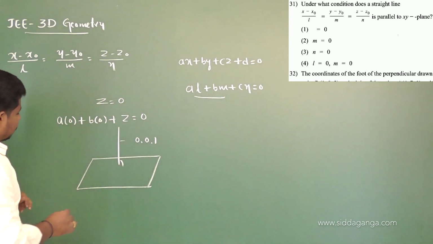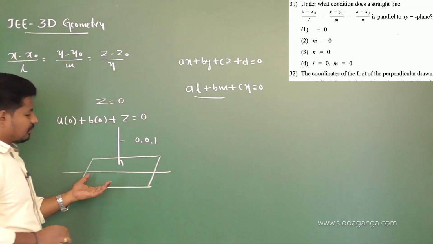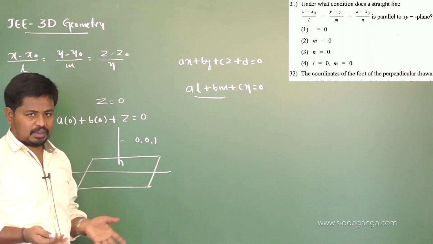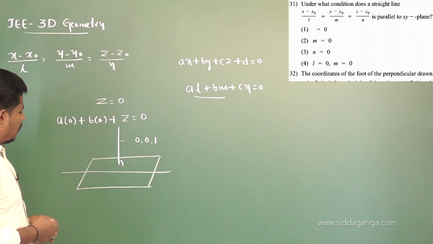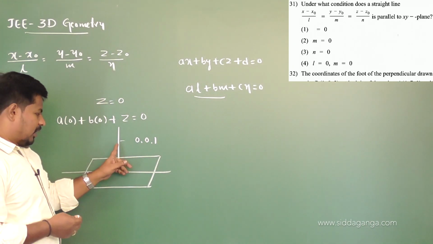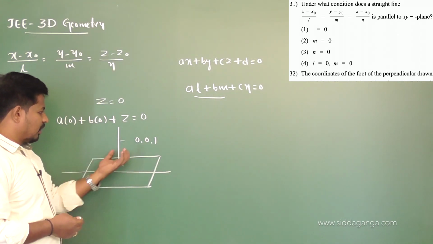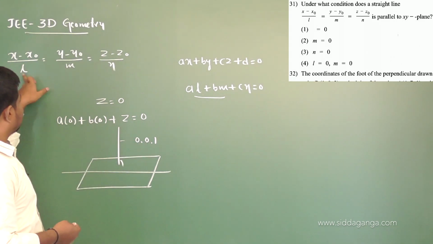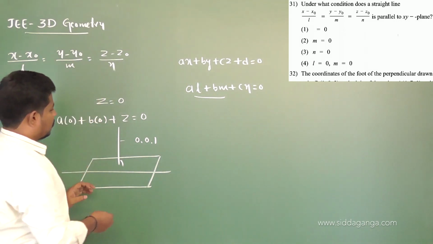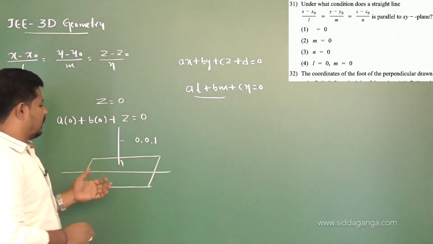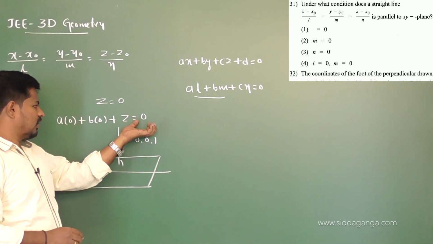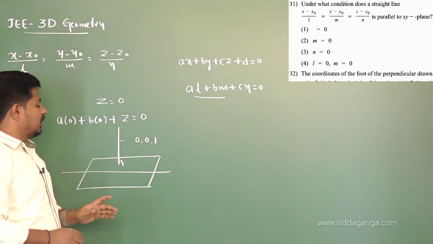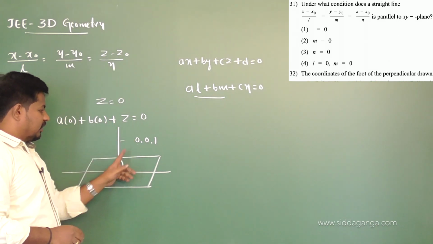Now, this is a line parallel to the xy plane. For what condition is this line parallel to the xy plane is the question. The normal has ratios 0, 0, 1, and the line has ratios L, M, N. So let us substitute the a, b, c values. The equation of the xy plane is z is equal to 0, so the normal has ratios 0, 0, 1.